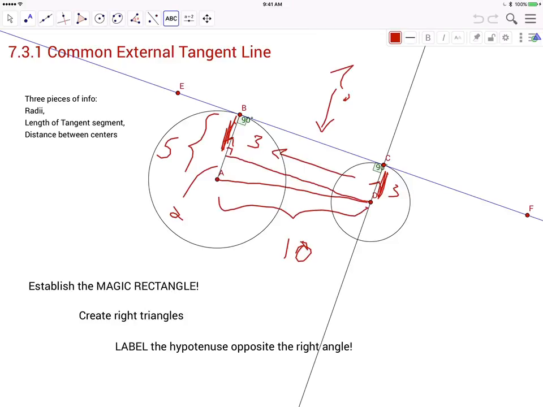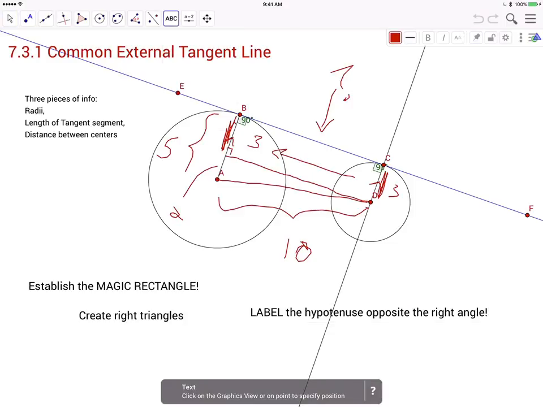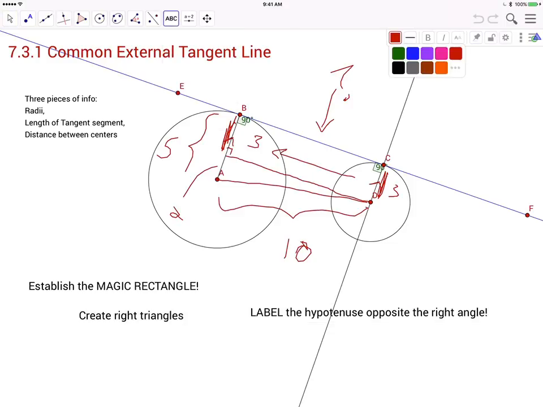in there. What's important and why I make this little piece of a word to the wise, label the hypotenuse. In this triangle, let me just change the color a little bit on this one so that I can show you what I'm talking about. In this blue triangle, you will notice that there is a right angle here, which makes AD the hypotenuse.